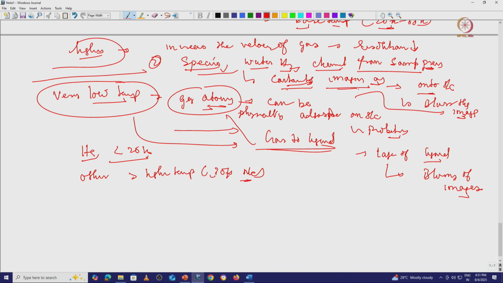Okay, so now we just talked about specimens having a single element.